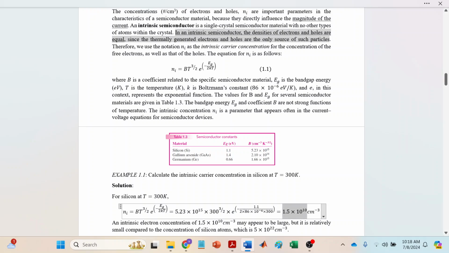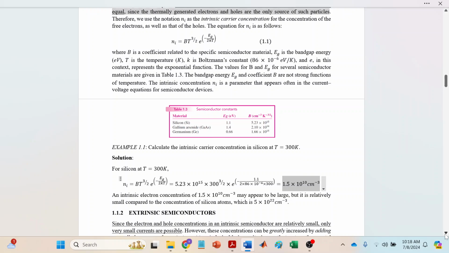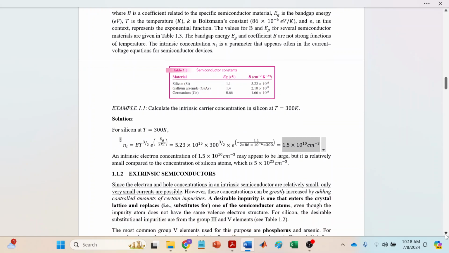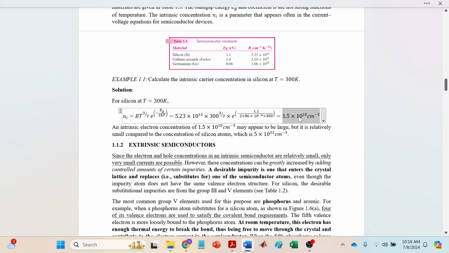So we calculate the intrinsic carrier concentration of holes and electrons. We calculated it as 1.5 times 10 raised to power 10 per cubic centimeter.